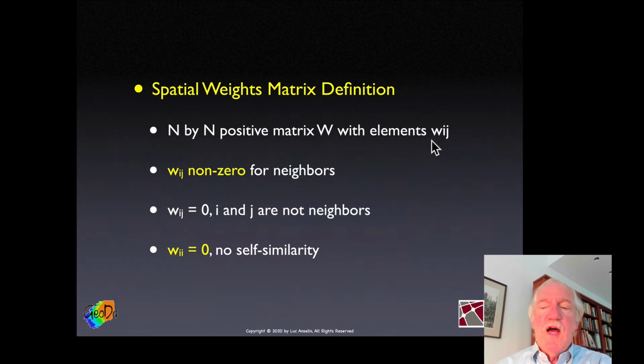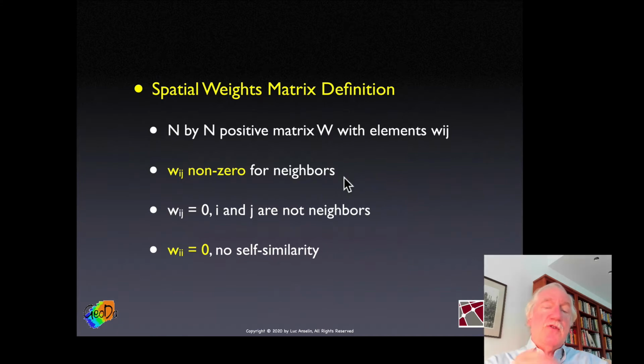Now Wij means the weights for the neighbor definition between the pair i and j. So if i and j are neighbors, Wij is not 0. Notice how I'm purposely very vague. I'm not saying it's 1, it's 10, it's a million. I'm just saying it's non-zero.